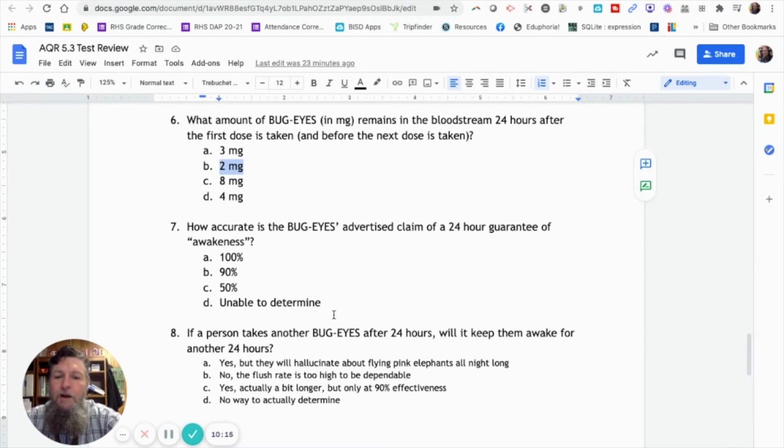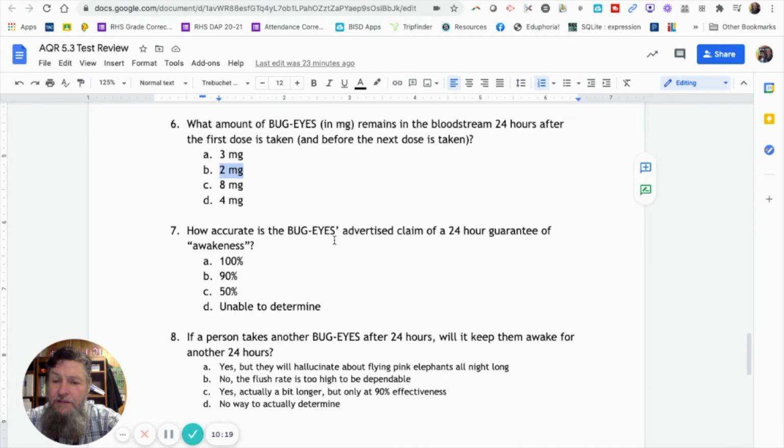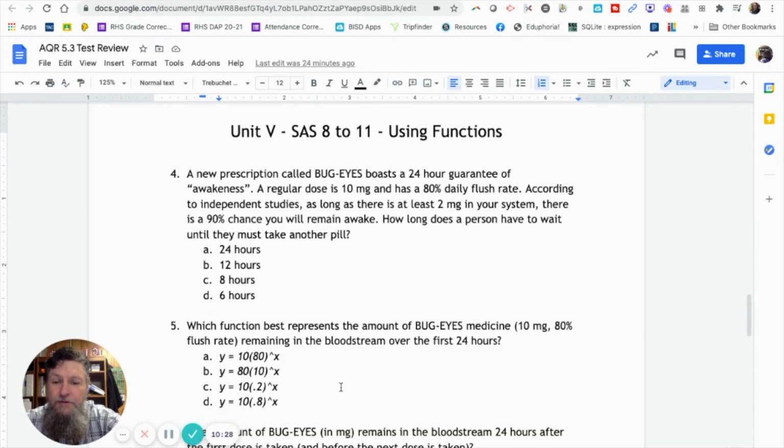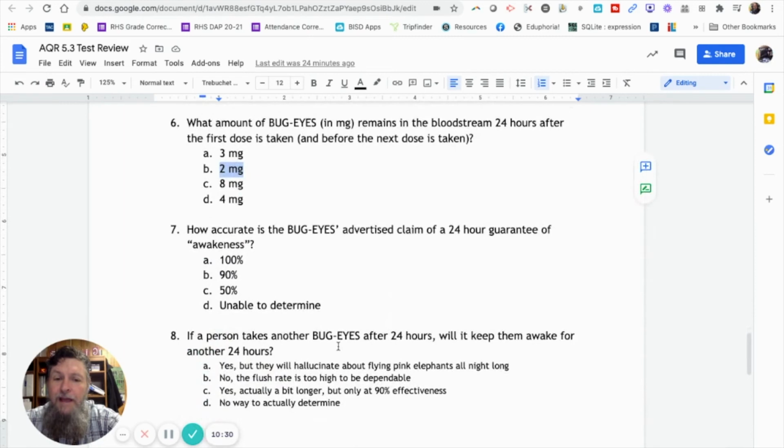Well, 24-hour guarantee, they only guarantee a 90% effectiveness. There's a 90% chance you'll remain awake as long as there's at least 2 milligrams in your system. But after 1 day, in 24 hours, you're going to have 2 milligrams. So they have a 90% claim.